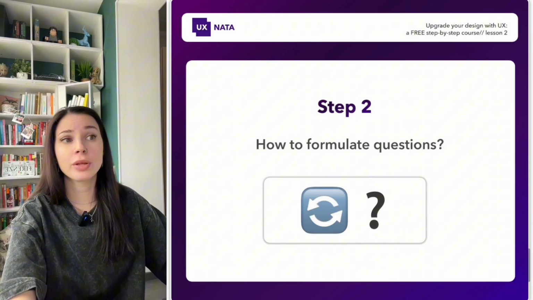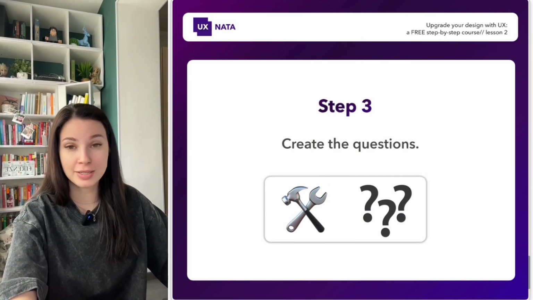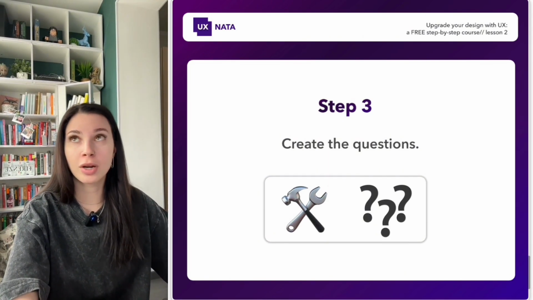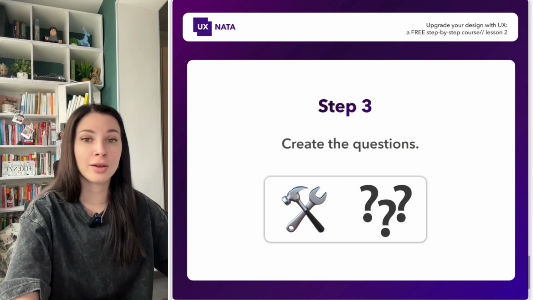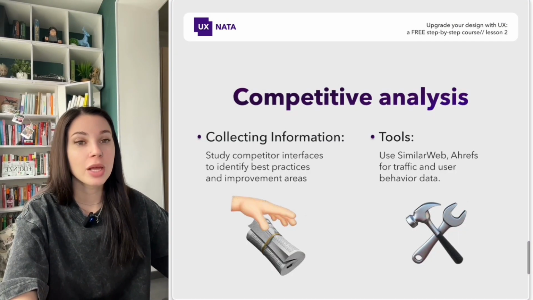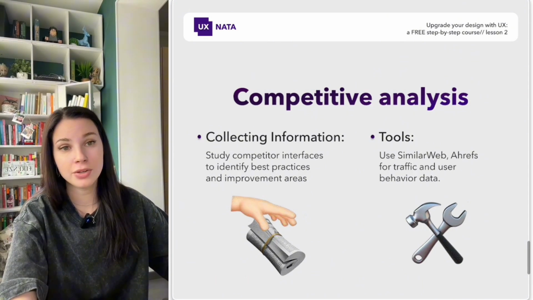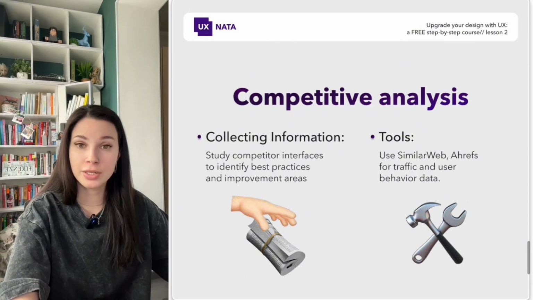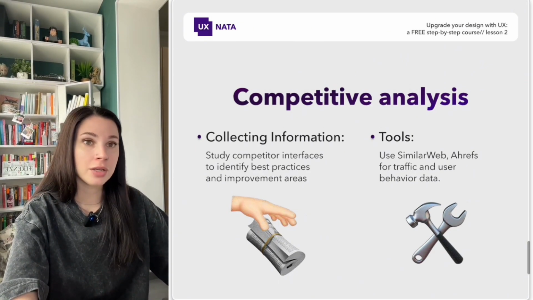Then, how to formulate questions. Create the questions to your audience, or imagine that you are the persona of your target audience. Then, competitive analysis: collecting information, studying competitors' interfaces to identify best practices and improvement areas, and using similar apps in different audit services.